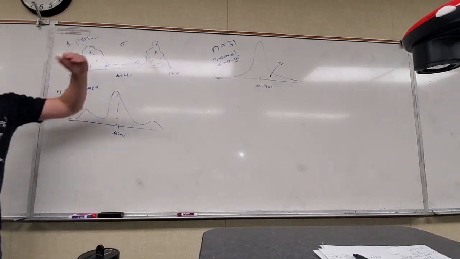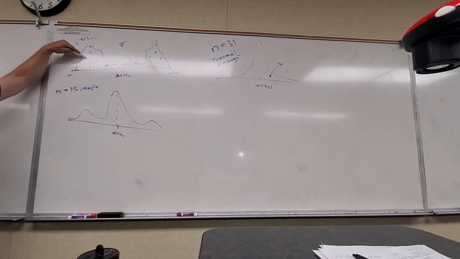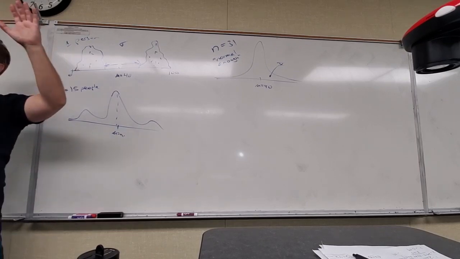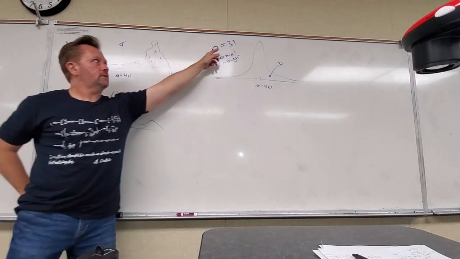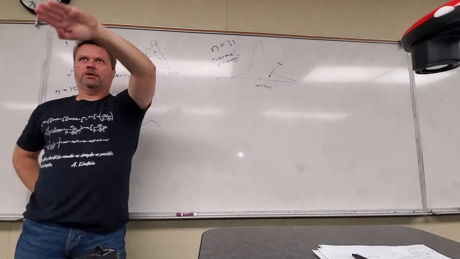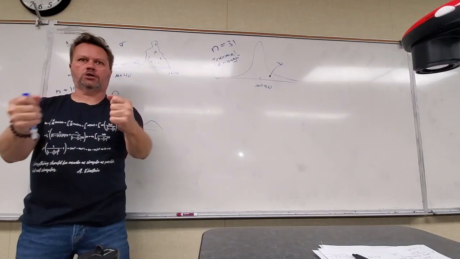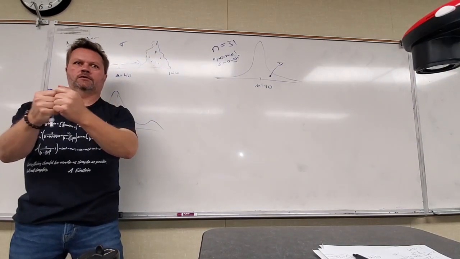Was the original normal? So when I plot individuals, it could look like whatever it wants to. The minute it goes above 30, it will be normal. I call it normal enough. Normal enough for what? To use the chart to get answers.